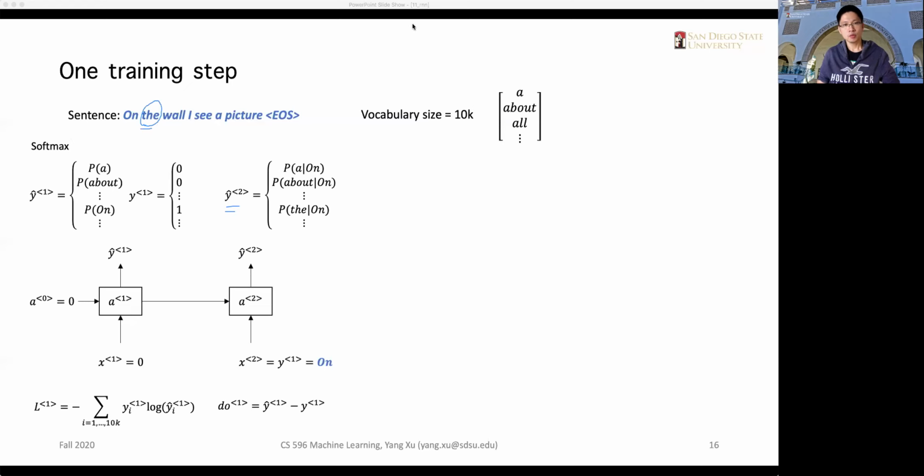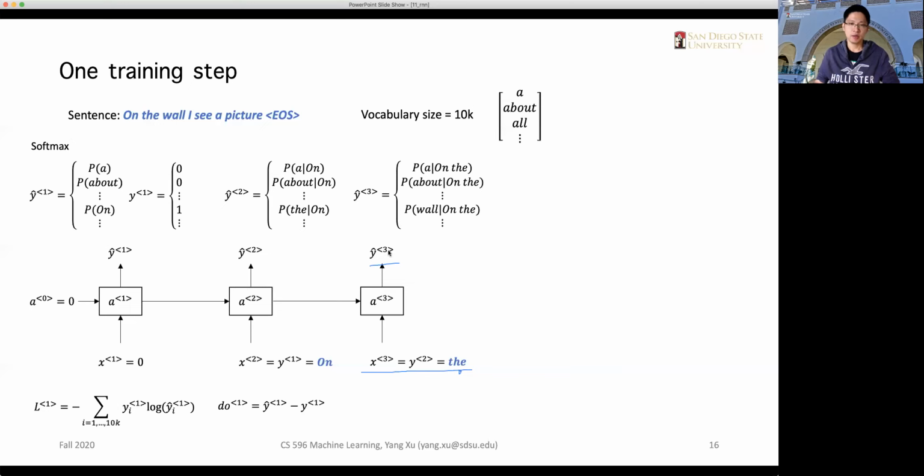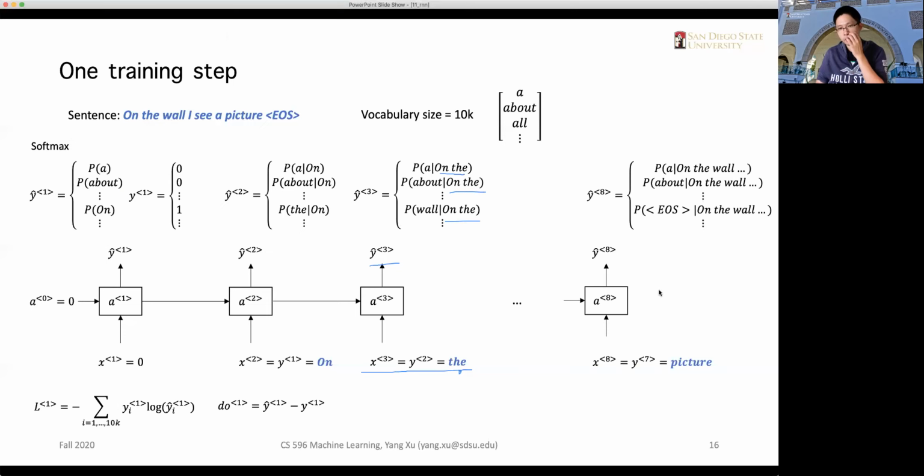In the next steps, what we will do is similar to the previous two steps. The activations will be passed along, and the input for the third time step will be the second word, the, right? And some y hat 3 will be computed, which is the probability of the third word given the first two words being on the. And so on until we reach the last step.